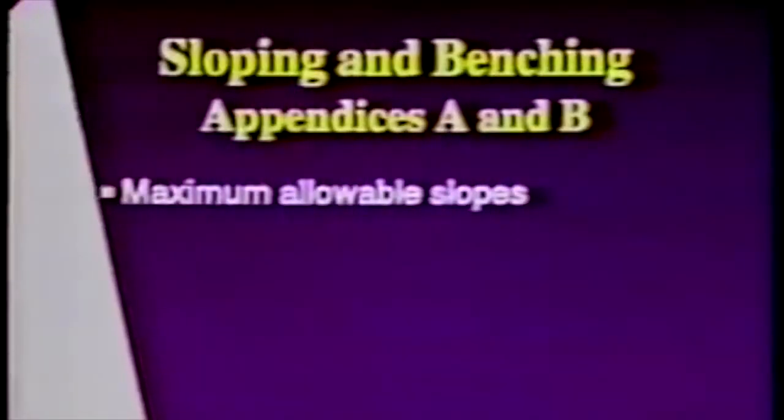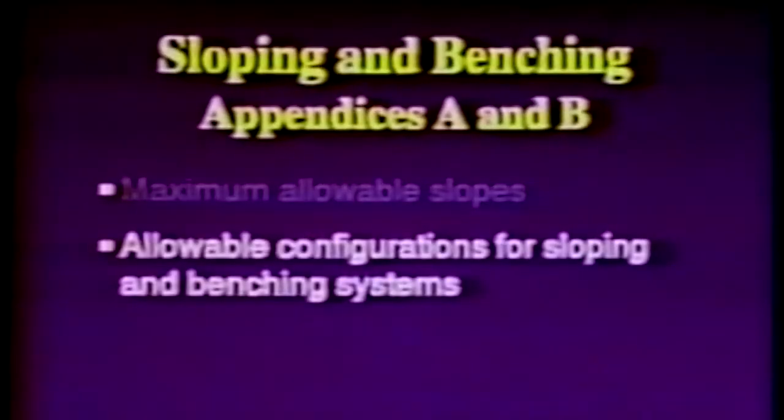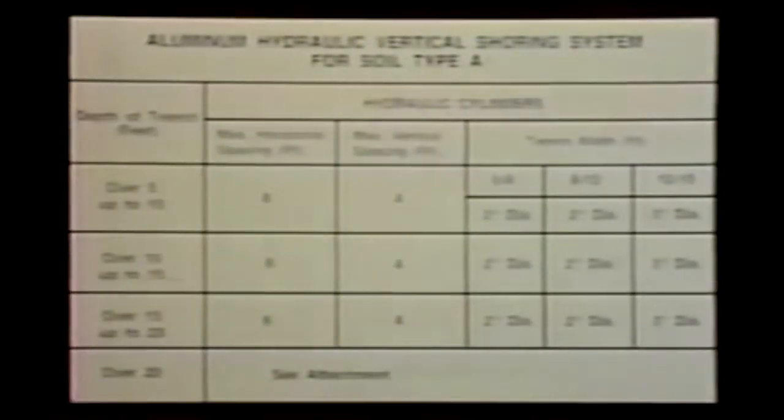The second option involves the use of Appendices A and B. Maximum allowable slopes and allowable configurations for sloping and benching systems are set forth in Appendices A and B. The third option, when choosing sloping and benching systems, involves the use of tabulated data, such as tables and charts.